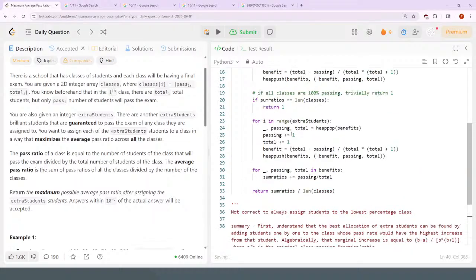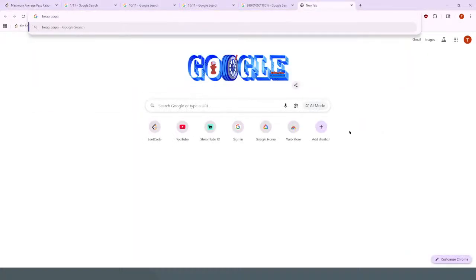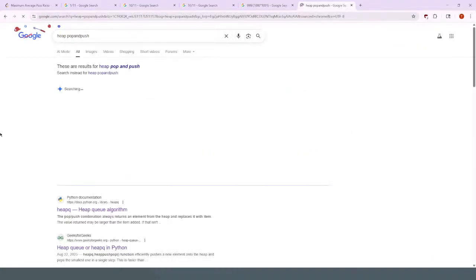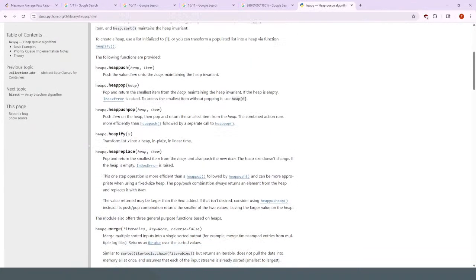Actually, I should probably not do this like this. I think I should do a heap push and pop. Pop and push. Heap, pop, and push. It's an operation that's more efficient than just pushing items on the heap, then popping.